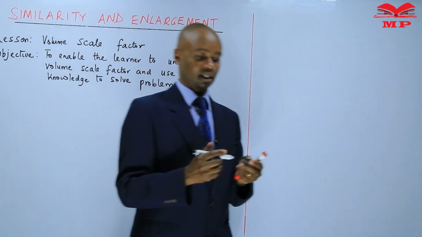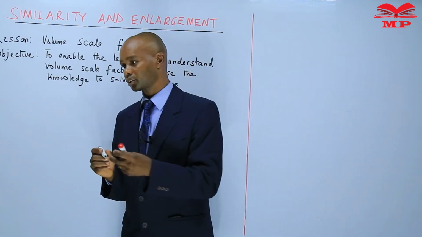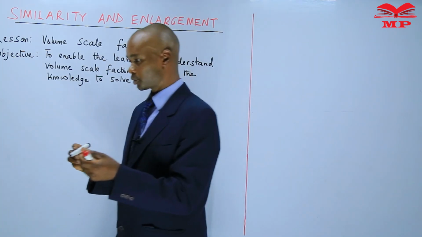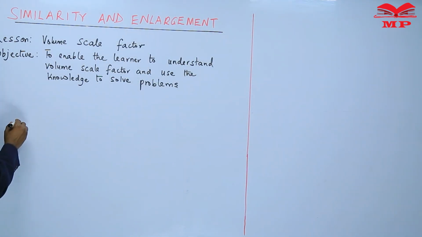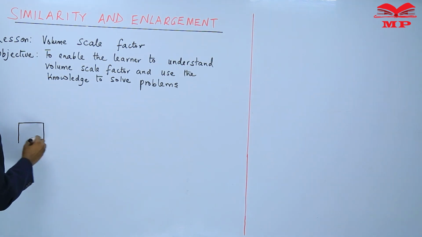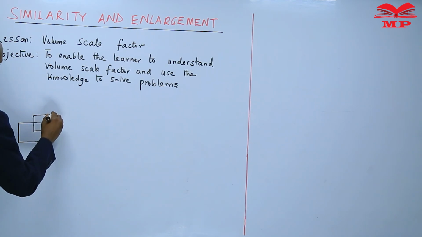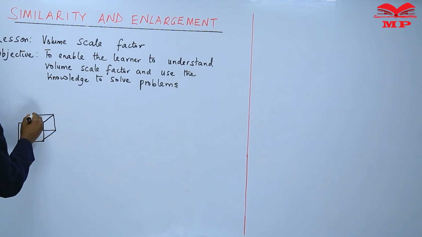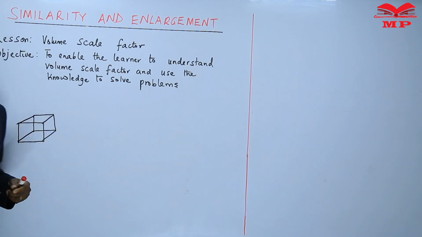To get a better understanding of this, we shall look at two similar cubes, or in this case cuboids, 5, 2, 3.